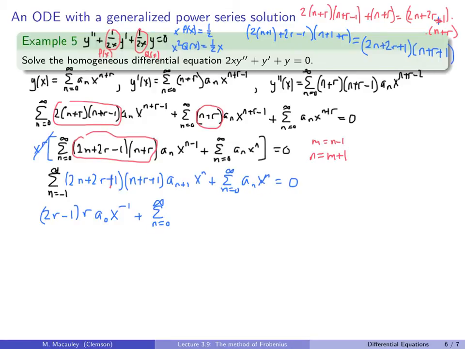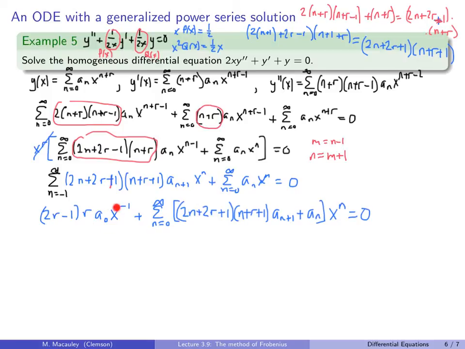So let me factor out my x to the n, and I get 2n plus 2r plus 1 times n plus r plus 1 times a n plus 1 plus a n, and now I'm factoring out x to the n. This whole thing equals 0.